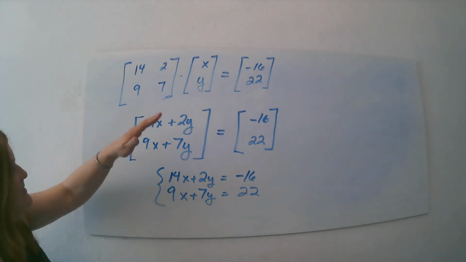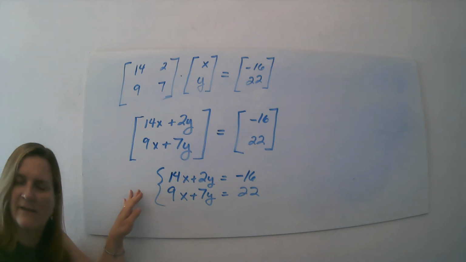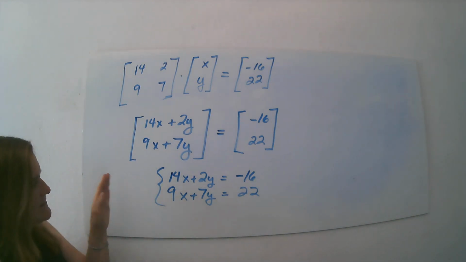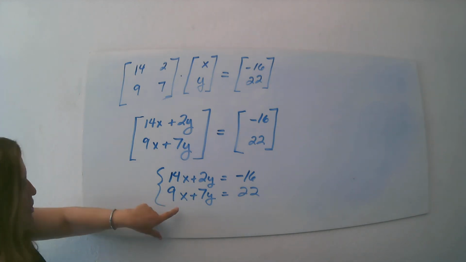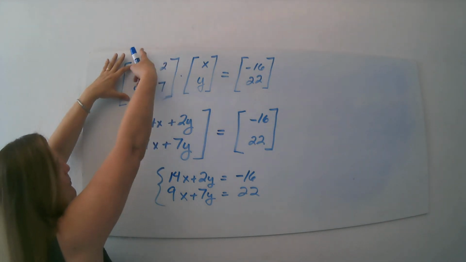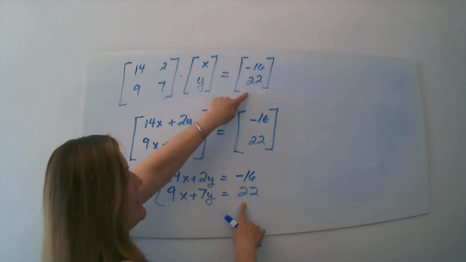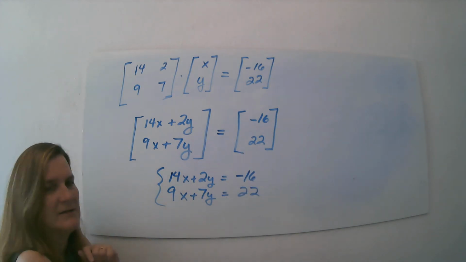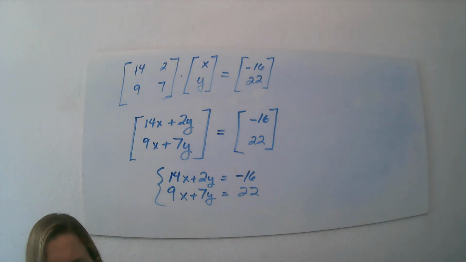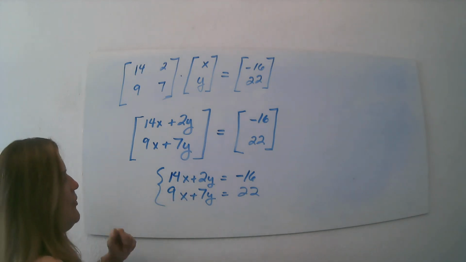So we have this matrix equation that we can see is equivalent to this system, this linear system. And notice right here, this matrix represents the coefficients of x and y. This matrix represented the constants. Well, it turns out that we can do this process in reverse.